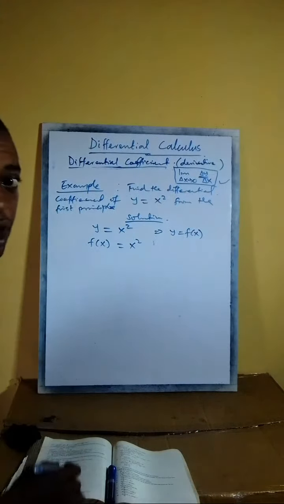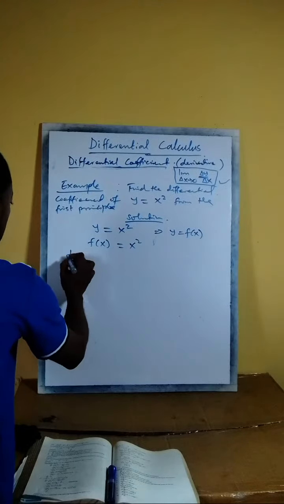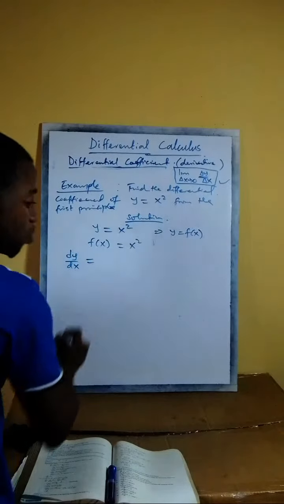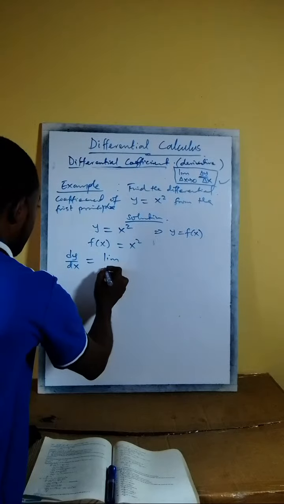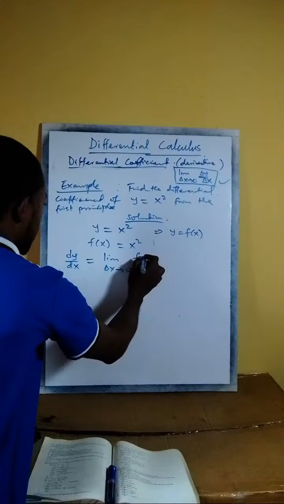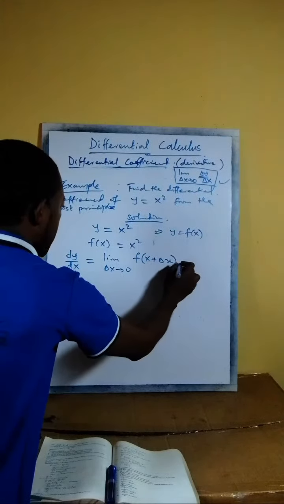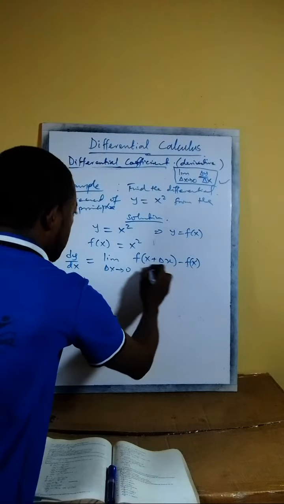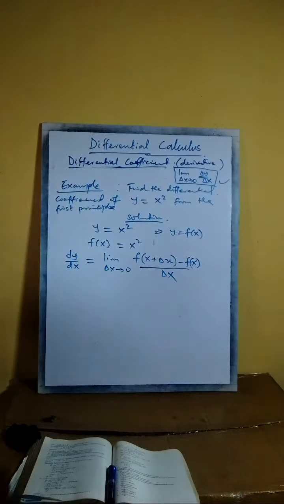Now, when we recall the first principle formula, the dy/dx that we are finding is equal to the limit as delta x tends to 0 of f of x plus delta x minus f of x, then over delta x. So this is the formula we are using.